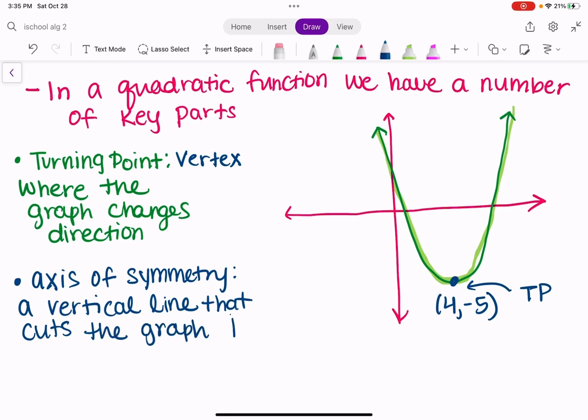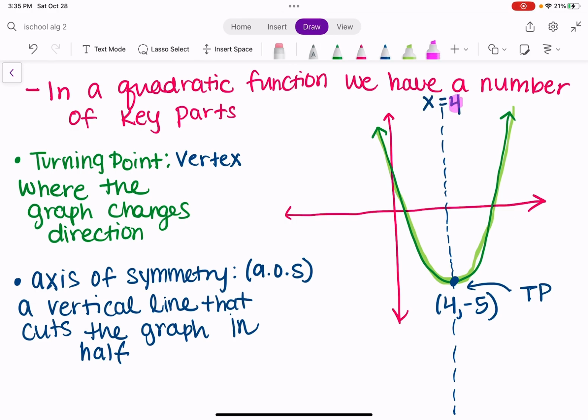And because I'm lazy and I don't want to write axis of symmetry all the time, I'm just going to call it AOS, right? So in this case, the axis of symmetry cuts through the vertex, right? So my axis of symmetry would be x equals 4. Whatever the axis of symmetry is, that's also the x value of the vertex, okay? So they're kind of related to each other.